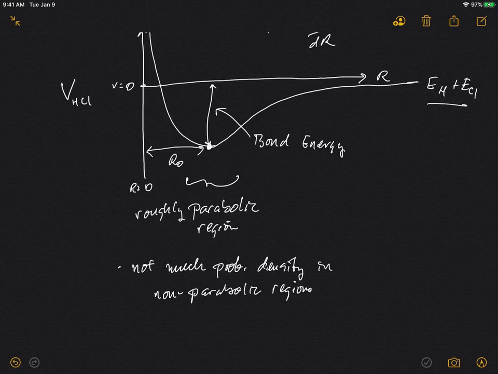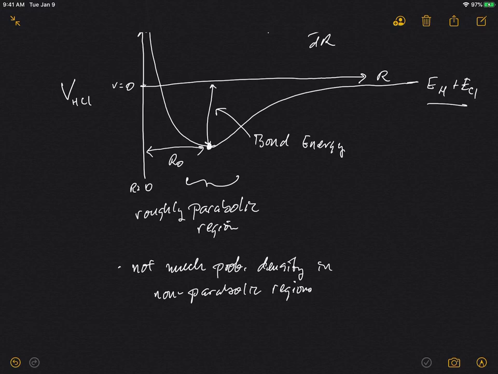Now, if you stick this molecule in some kind of high-power laser, putting it into the V equals 10 or V equals 20 level, then obviously the fit between the harmonic oscillator and your actual chemical system is not going to be as good, and you're going to need a better, more detailed potential model that takes that into account.